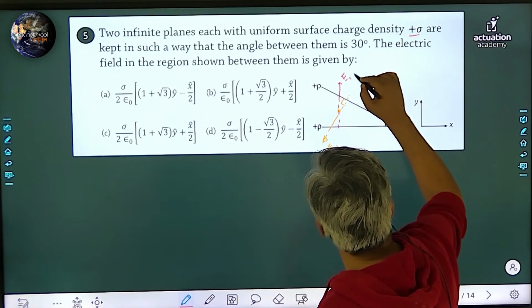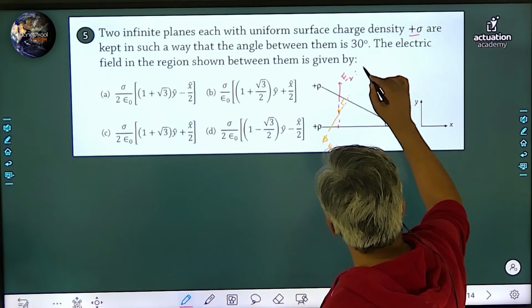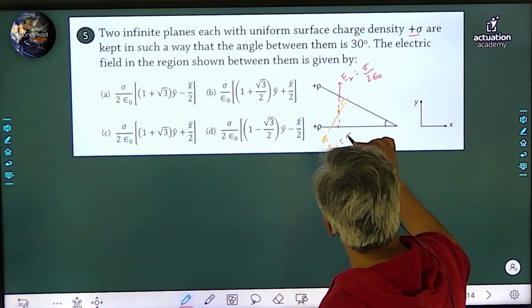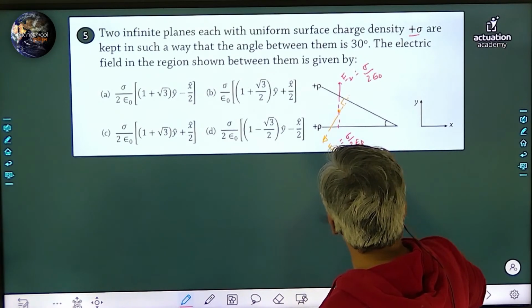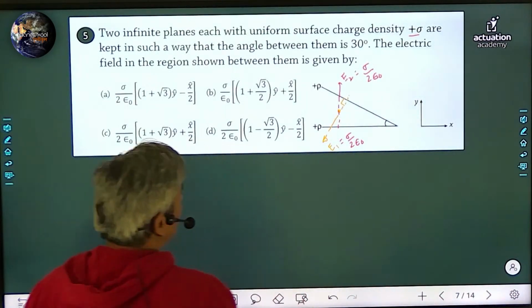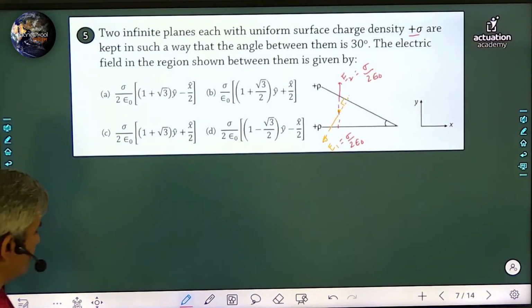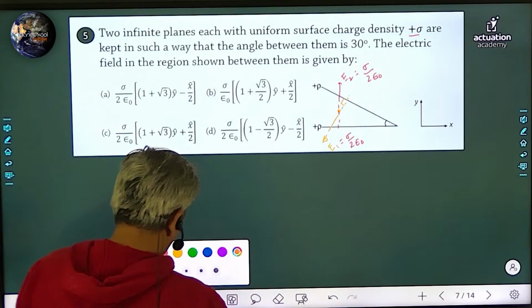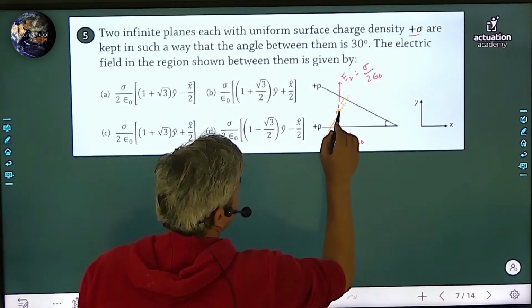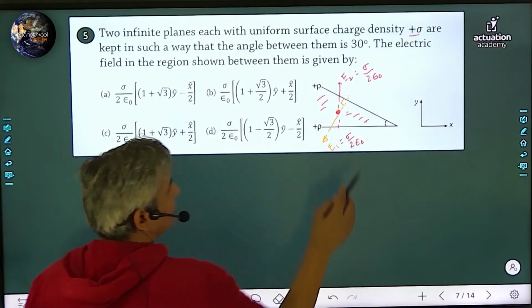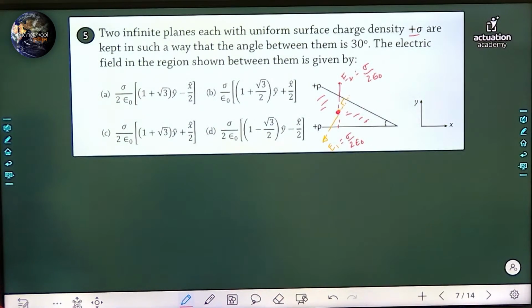Let's say this is E2. Now E2 and E1 will be sigma by 2 epsilon naught and sigma by 2 epsilon naught. Okay. Now we just need to simply find the vector components of these two fields. Because the sigma by 2 epsilon fields are the same, in this complete region the total field is going to be a constant field.